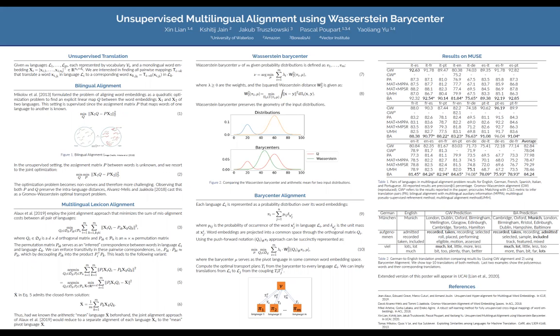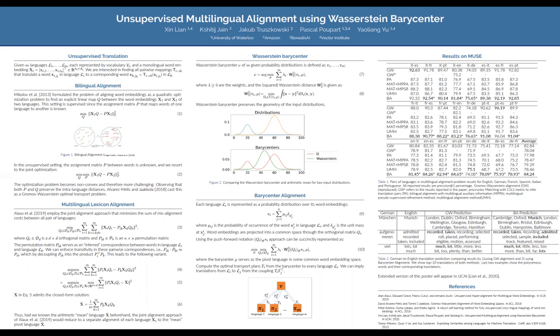One thing to note is that once you put transitivity in the permutation of the assignment matrix, this boils down to a closed-form solution given in equation 6, which is basically taking an arithmetic mean of all the languages, or in some sense some mean of the languages.